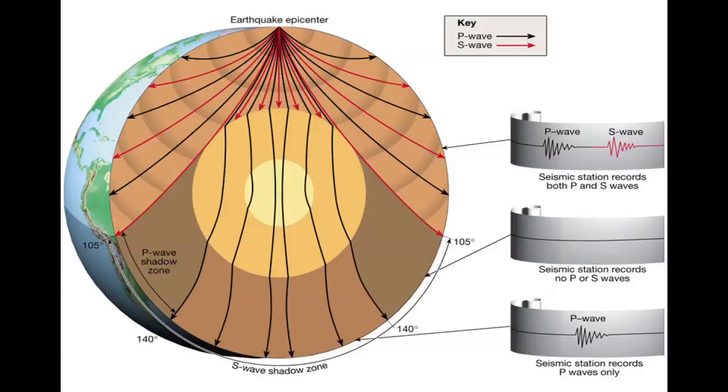And that's true of an earthquake. If we get an earthquake readout in the United States and there is no S wave shown, but there's a P wave shown, we would know that that earthquake happened in the S wave shadow zone on the other side of the planet, directly opposite the United States. And that, of course, happens all the time as well.